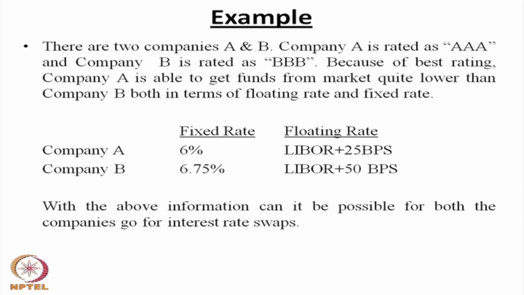What do you understand here? A good company gets funds in both the fixed market and the floating market at the lowest possible rate. A bad company gets funds in both the fixed market and the floating market at a higher rate. So, there may be a transaction of interest rate swap between the two companies. What is the process here?